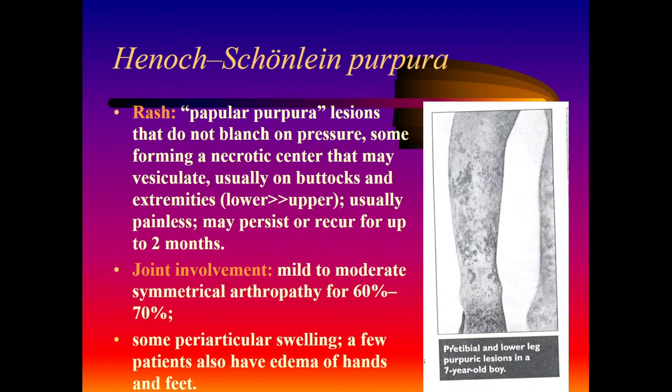Lower extremities transfer to upper, usually painless, may persist or recur for up to 2 months. Joints: mild to moderate symmetrical arthropathy for 60 to 70%. Some periarticular swelling. A few patients also have edema of hands and feet.